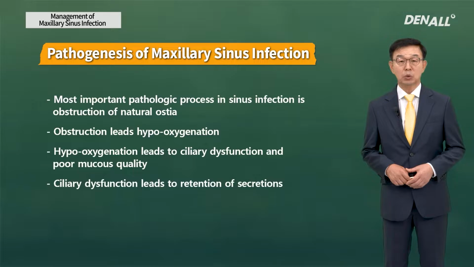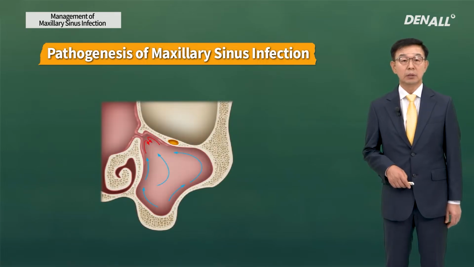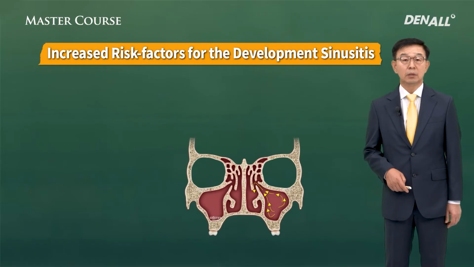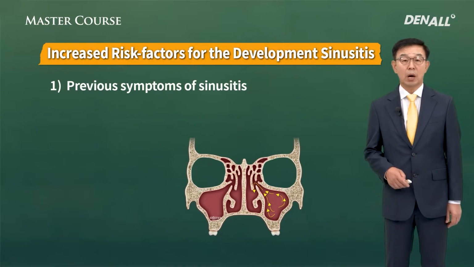Various secretions can result as well as infection. If middle ostium is blocked due to multiple reasons, and if no appropriate drainage is done, it can lead to sinus infection. Patients who have had sinusitis can experience it again.